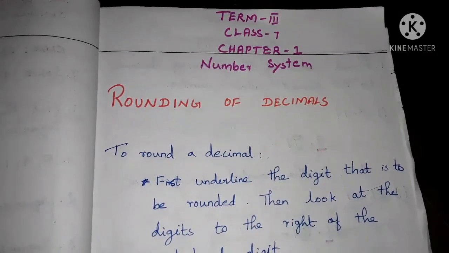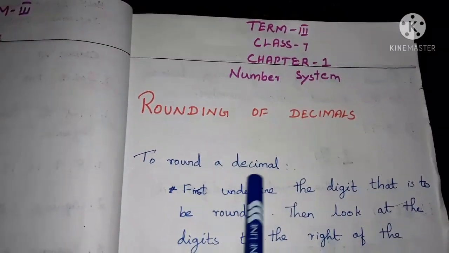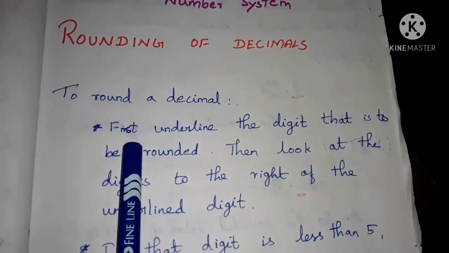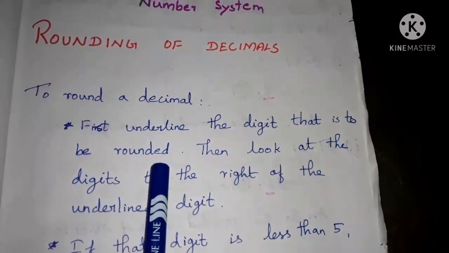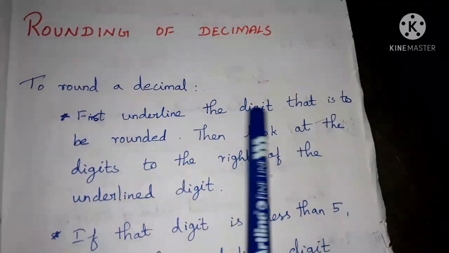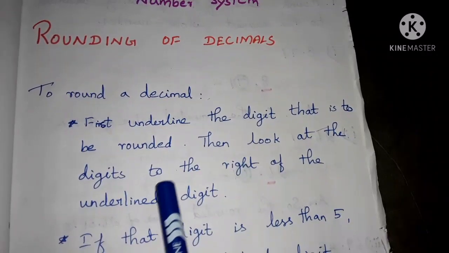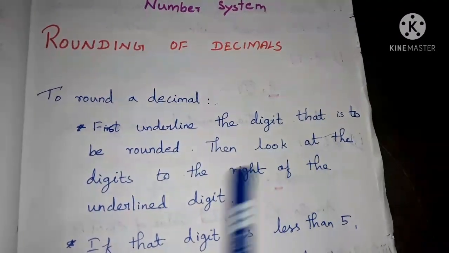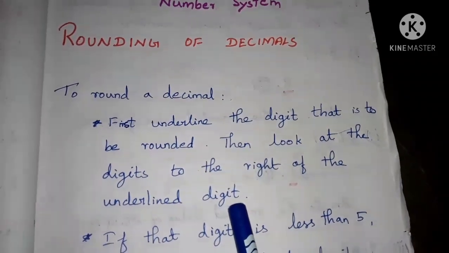So here we are going to round off decimals. To round a decimal, we have some rules. What is the first rule? First, underline the digit that is to be rounded. Then look at the digit to the right of the underlined digit.